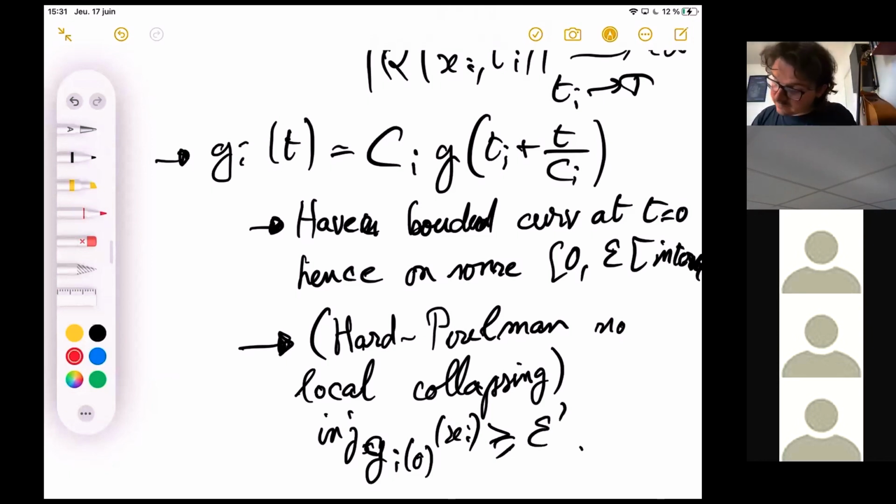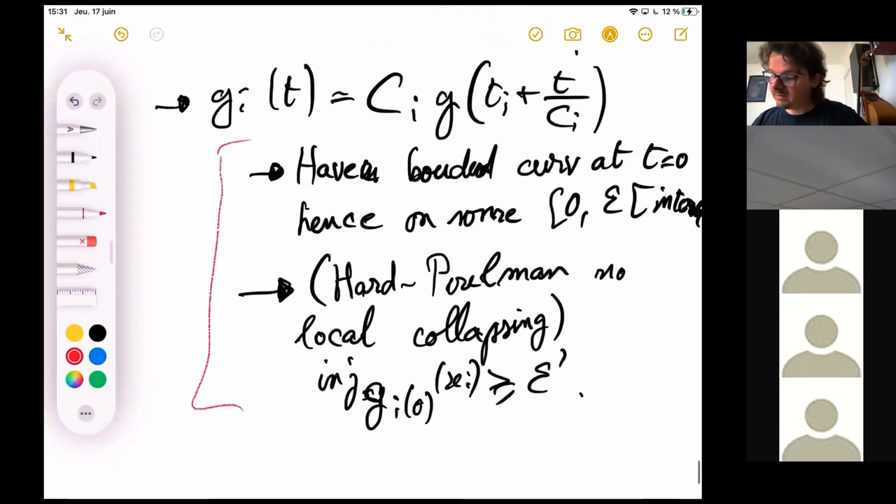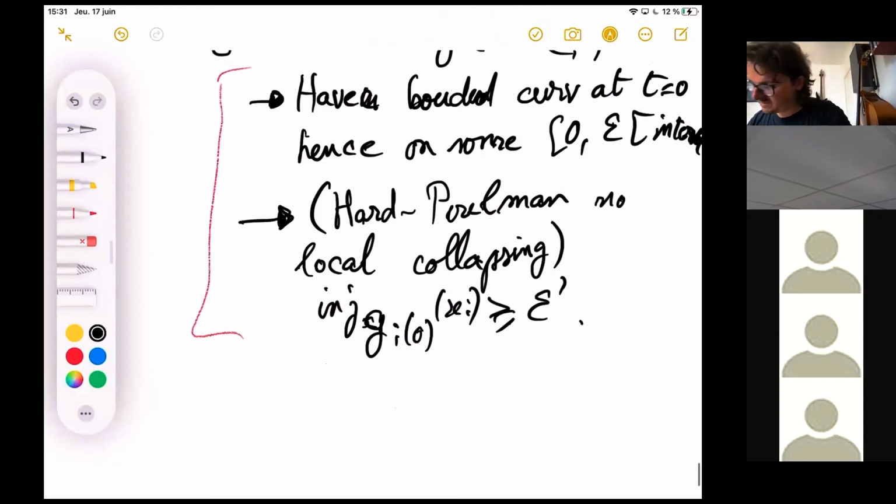And those two, so now we are more or less back at the first lecture where we talked about smooth convergence. This is actually enough to show smooth convergence.